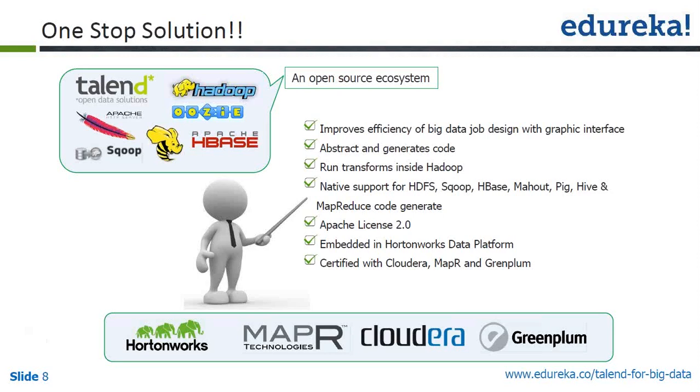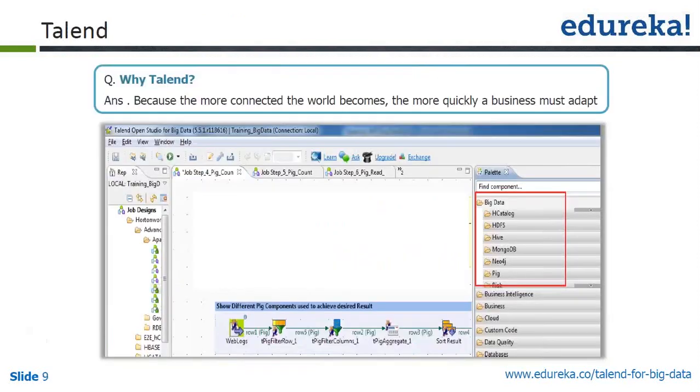It improves the efficiency of big data job design with a graphical interface, abstracts and generates the code, and runs transformations inside Hadoop, with native support for HDFS, Sqoop, HBase, Mahout, Pig, Hive, MapReduce, and Apache Hadoop 2, embedded in the Hortonworks Data Platform. As I said, they are certified with the three market leaders: Cloudera, MapR, and Hortonworks.